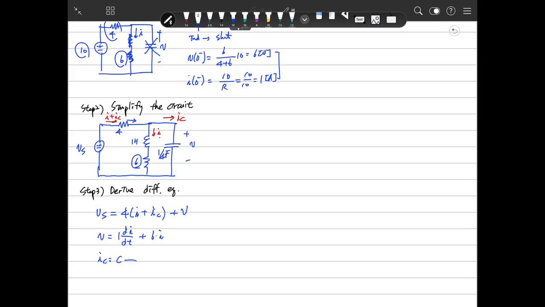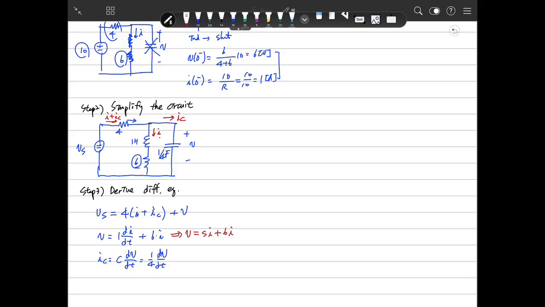IC is C dV/dt, so 1/4 dV/dt. Actually our target is to get the voltage, so we replace all currents and voltages. So we use the operator method. Then we can replace V with sI plus 6I.